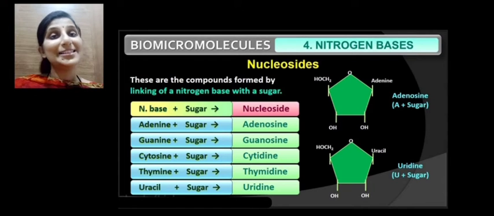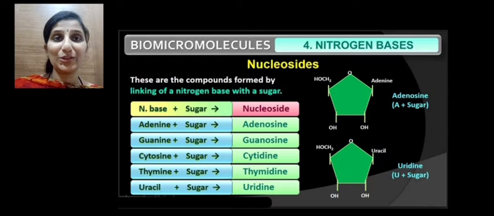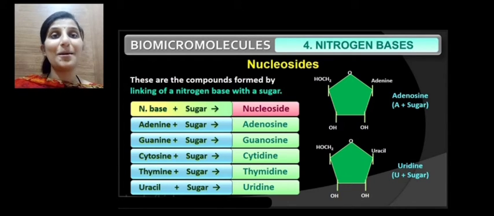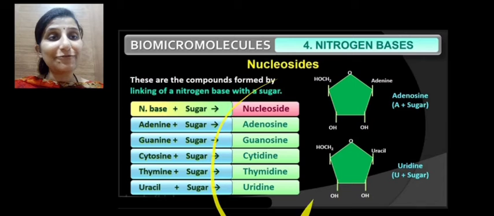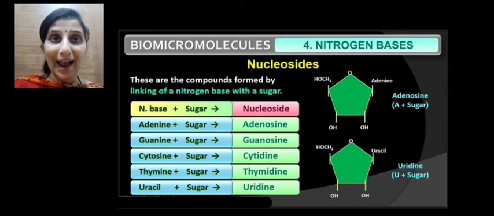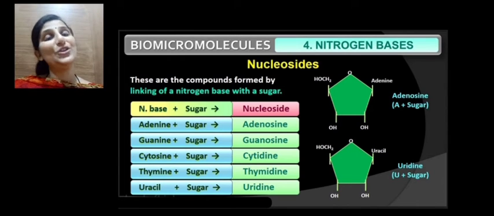Cytosine plus sugar forms cytidine. Thymine plus sugar forms thymidine. Uracil plus sugar forms uridine. So these are the different types of nucleosides: adenosine, guanosine, cytidine, thymidine and uridine.